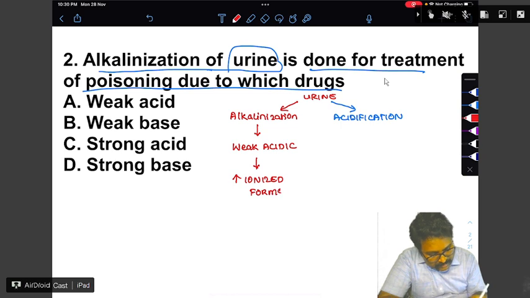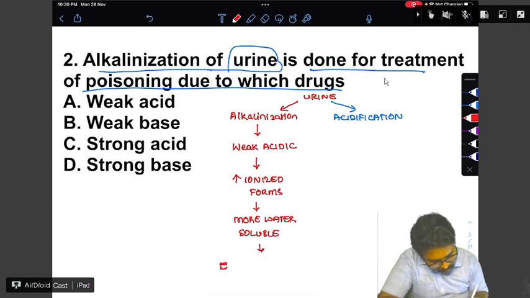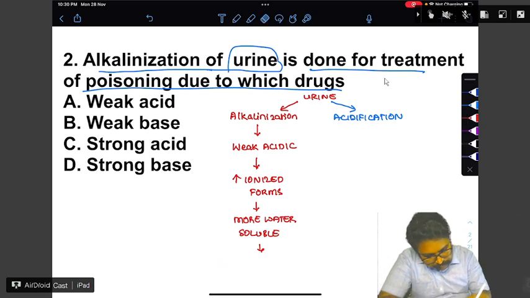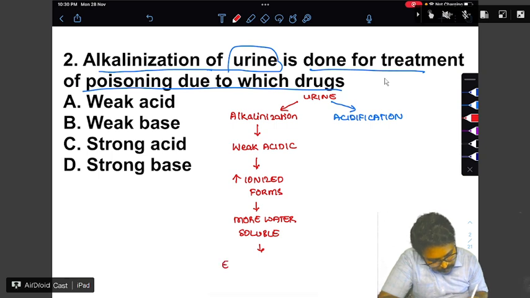That means the ionized forms are more water soluble, so they can be easily excreted.